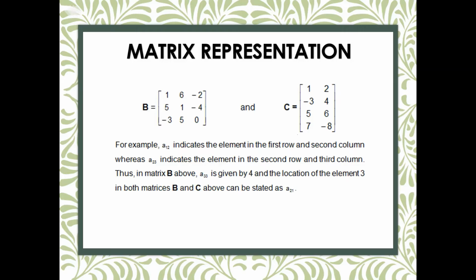For example, A12 indicates the element in the first row and second column, whereas A23 indicates the element in the second row and third column. Thus, in matrix B, A33 is given by 4 and the location of element 3 in both matrices B and C can be stated as A21.